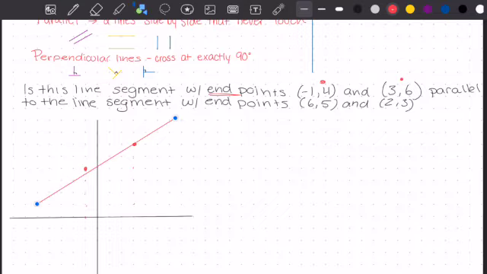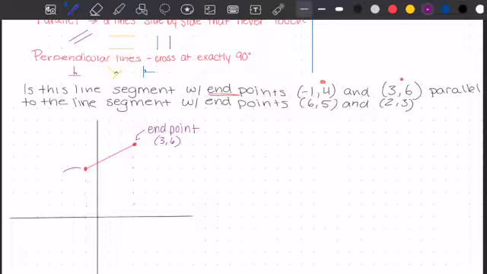I'm going to fix that so it looks nice. The end points must touch where those dots are, okay? So just so we're clear, that is an end point. And this one was 3, 6, and this end point was -1, 4.